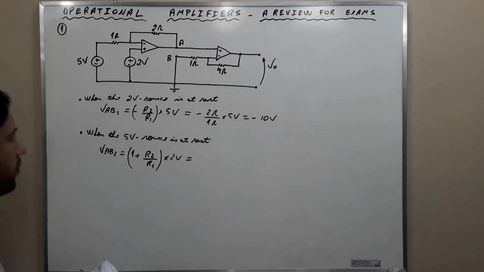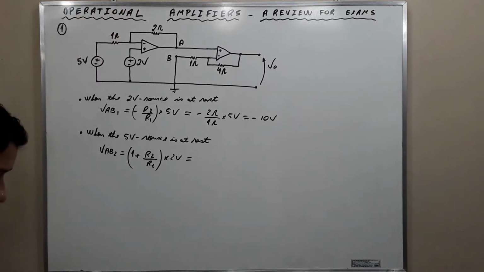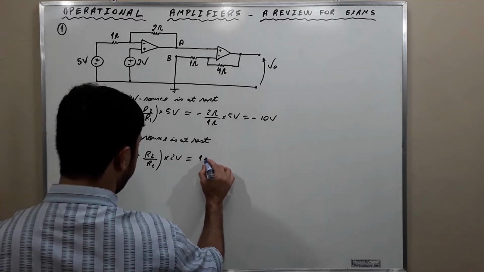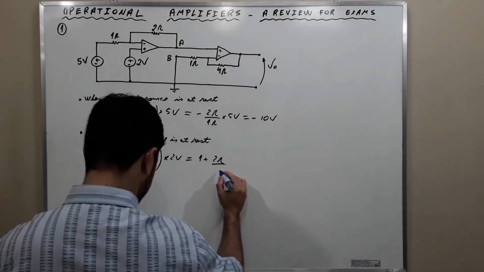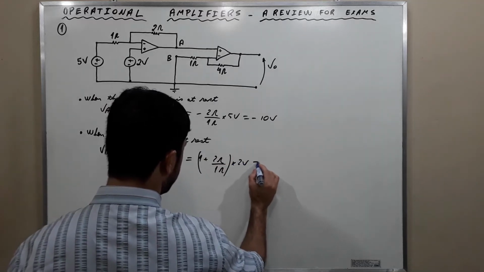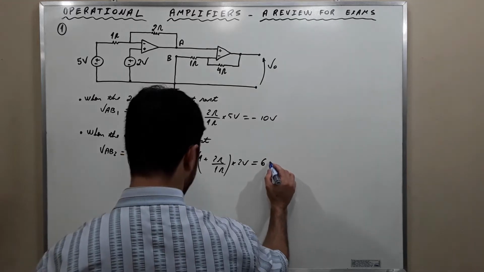And if we substitute, remember that this is R2 and this is R1. And when we substitute, we find 1 plus 2 ohms divided by 1 ohm times 2 volts, and this is equal to 6 volts.